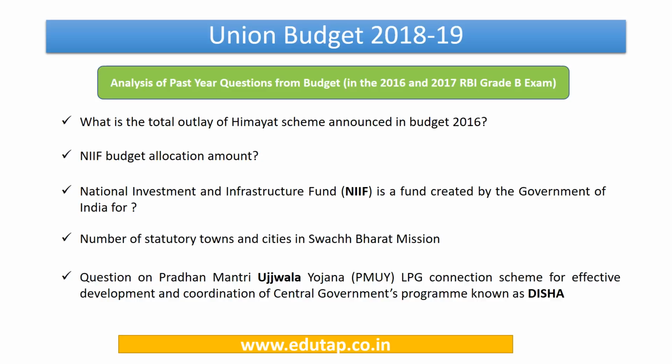Next comes the number of statutory towns and cities in Swachh Bharat Mission. Question on Pradhan Mantri Ujjwala Yojana LPG connection scheme, and on the scheme for effective development and coordination of central government's programs known as Disha. Again, these are questions based on schemes.